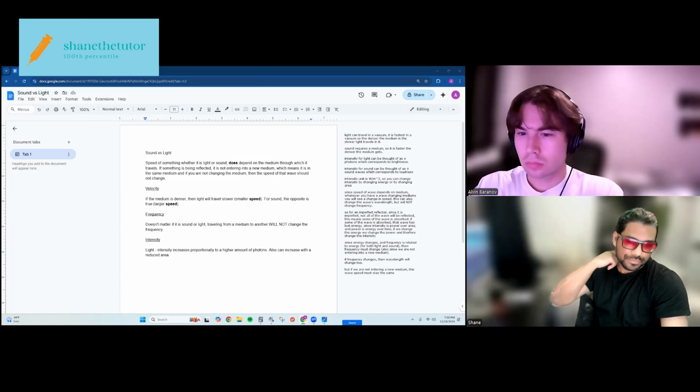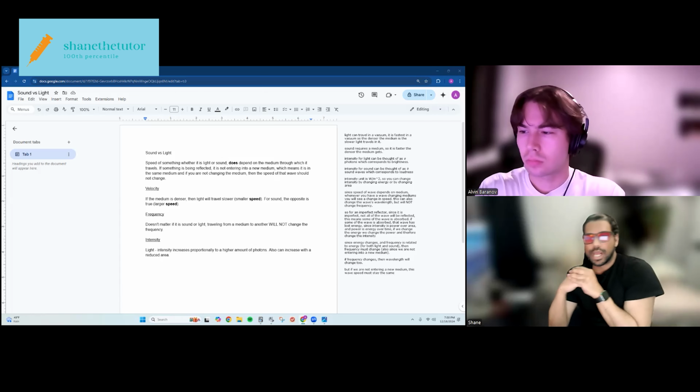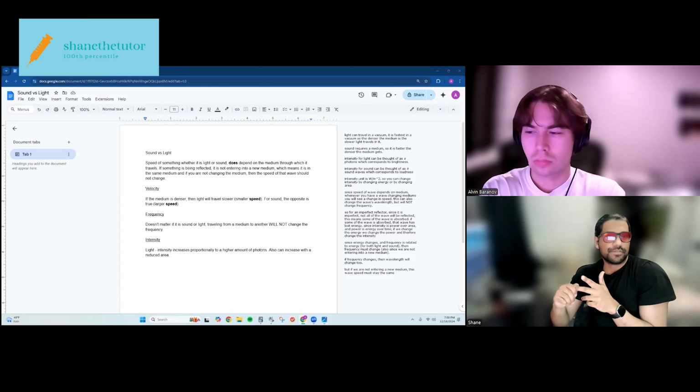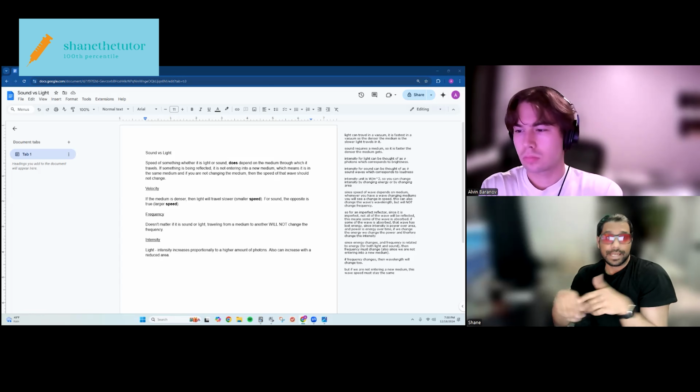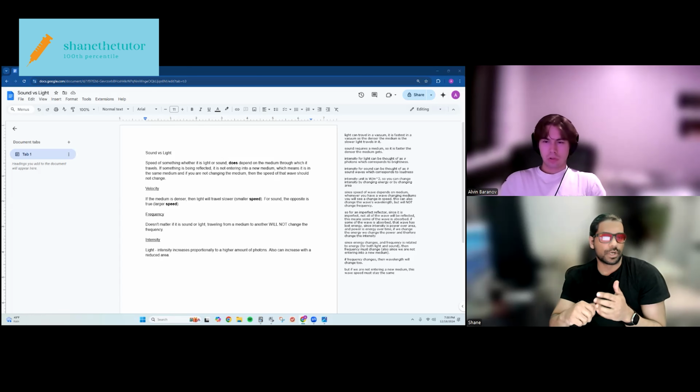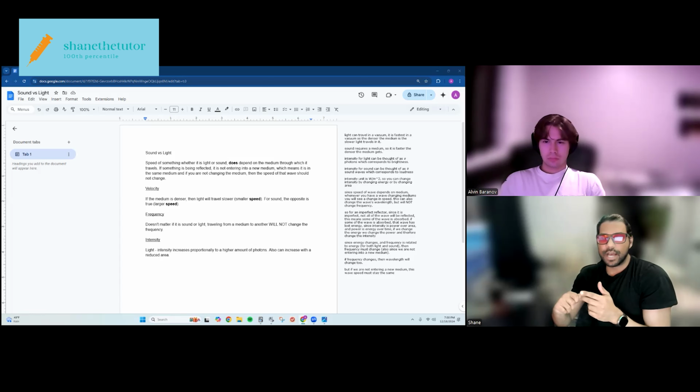All right, I wrote: light can travel in a vacuum, which has a density of 0, and it is fastest in a vacuum. So the denser the medium is, the slower light will travel in it. Whereas sound requires a medium.